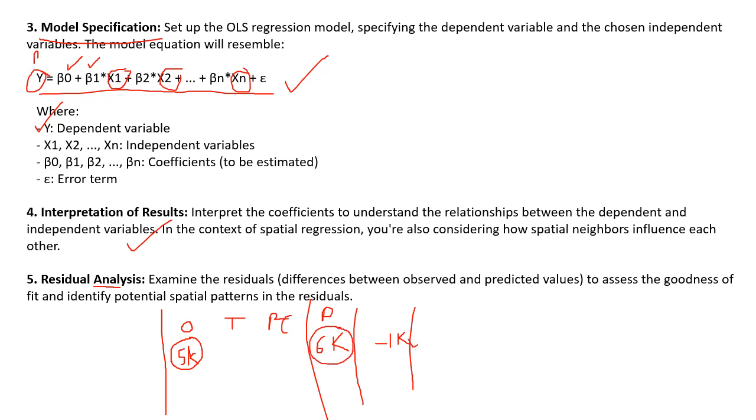Based on these predicted values, the mapping will be done, and that mapping will help you a lot to understand the spatial variability. With some diagnostics, you can validate whether you should accept this model or not. So this is related to the spatial relationship, and now we'll go for the software demonstration.